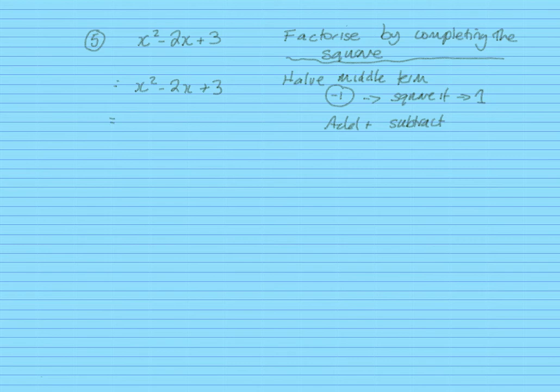So x squared minus 2x plus 1 minus 1 plus 3. The first three terms form that perfect square. So it's x minus 1 squared. And what's left over is just plus 2.